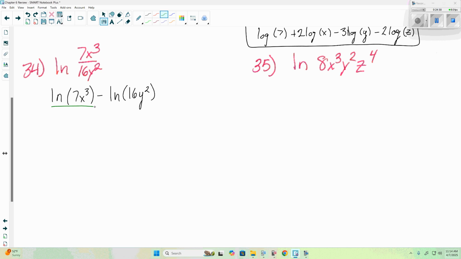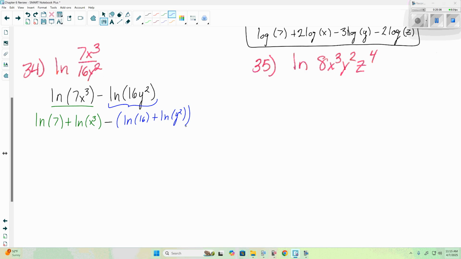Natural log of 7x cubed, we have a product, so we can write it as the sum of logs with each term. So natural log of 7x cubed would be the natural log of 7 plus the natural log of x cubed, minus natural log of 16y squared, which is also a product. 16, but again, that's in the bottom of the fraction.